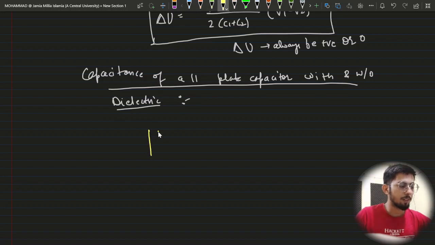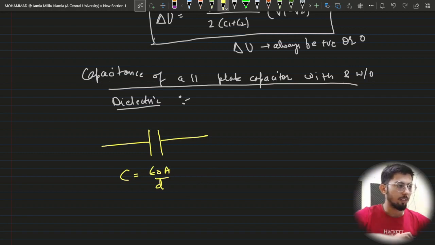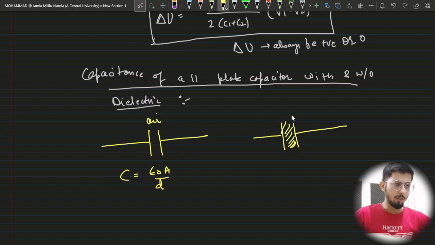Suppose we have a parallel plate capacitor. Its capacitance is C, which is epsilon naught A upon D. Now if we have another capacitor, inside this we have placed, instead of air, some dielectric material of permittivity epsilon r.